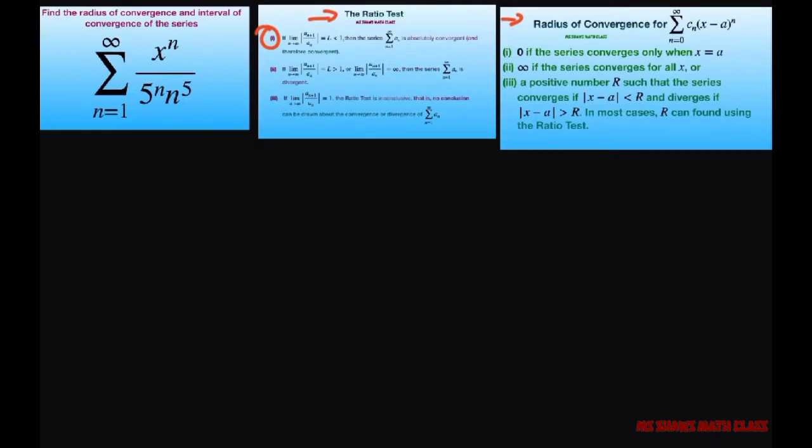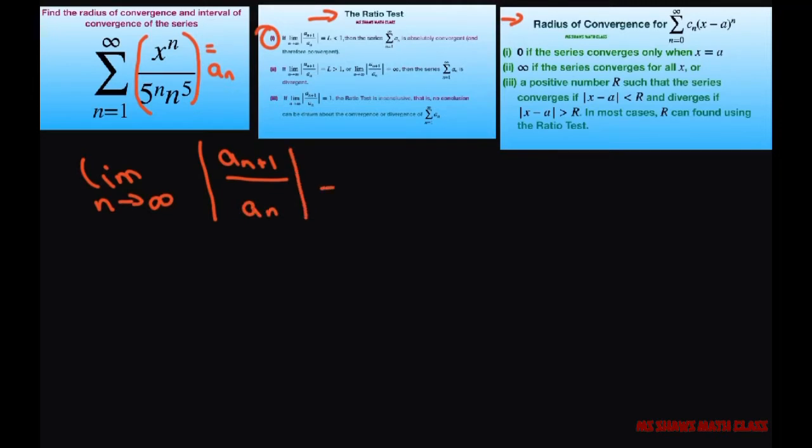So basically we're taking the limit as n approaches infinity, and this is going to be our a sub n here. All right, so we do a sub n plus 1 divided by a sub n.